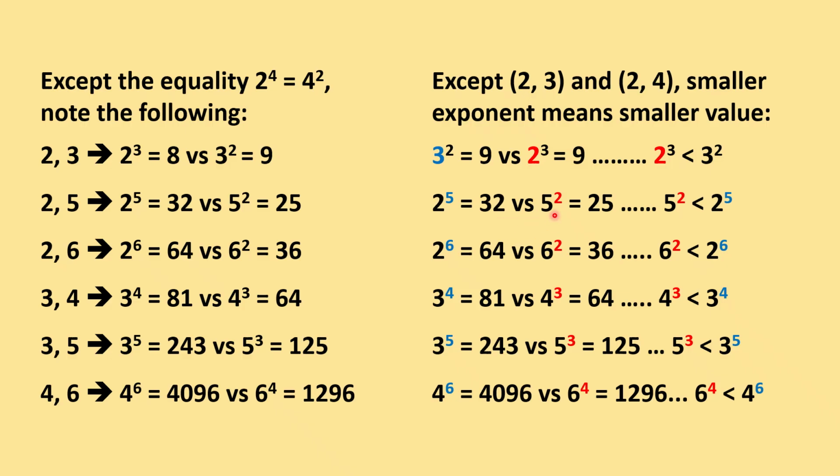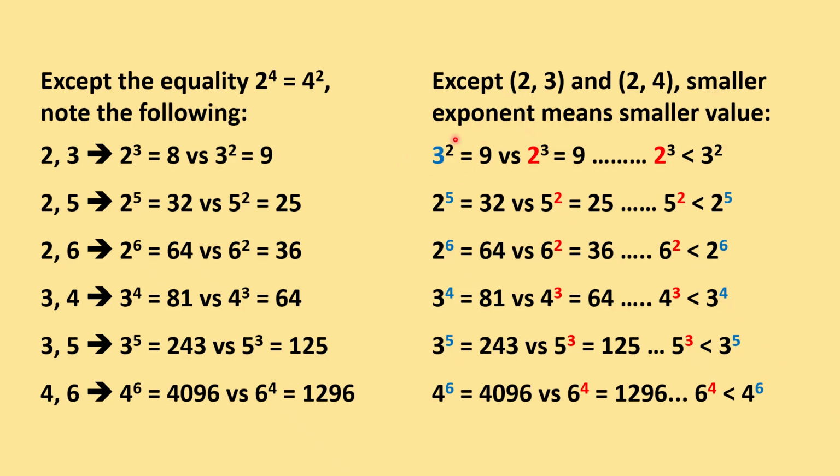But if the exponent is smaller, then the number is smaller. This smaller exponent we have written in red color, and see that smaller exponent gives a smaller value after 2 and 3. For 2 and 3 it is a base, 3 base and 2 base.